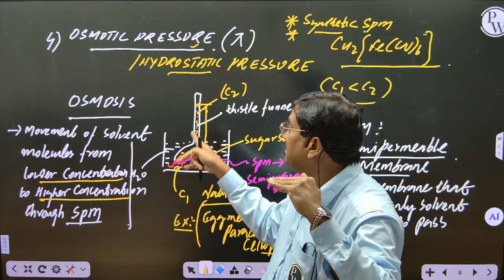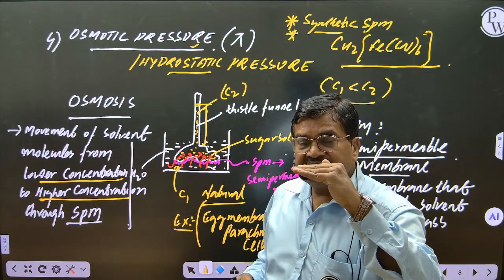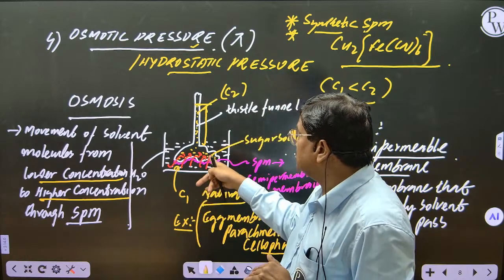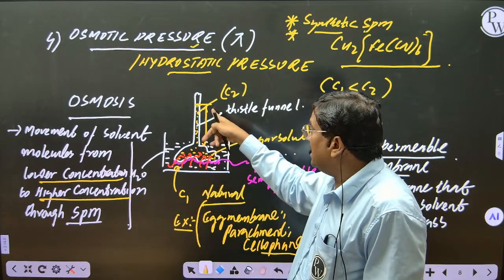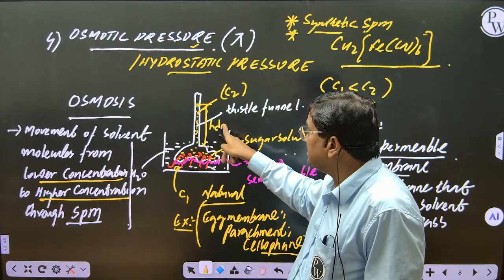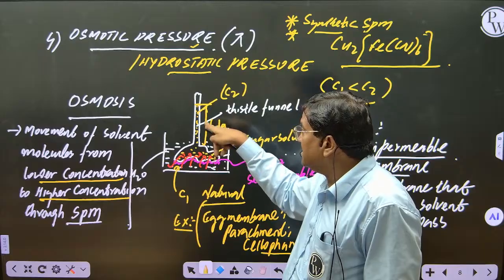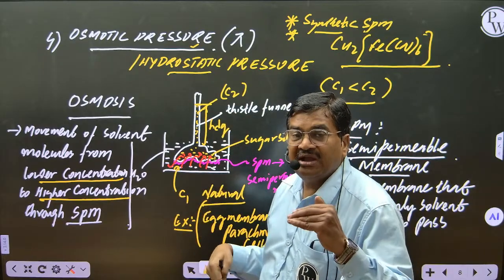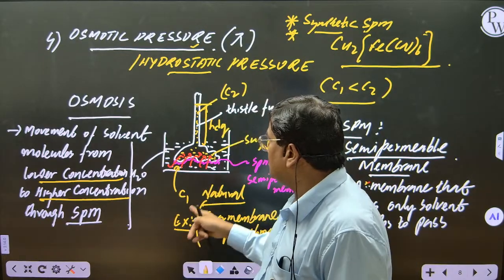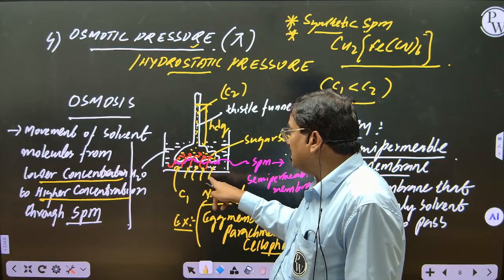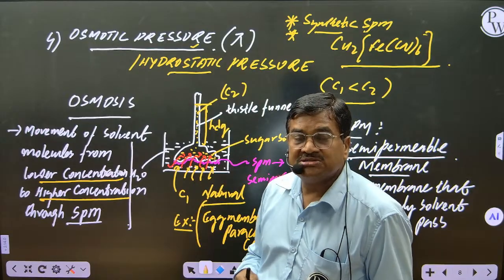That means what we define for osmotic pressure? The external pressure or the pressure exerted on the solution. This pressure is h into d into g, that is height into density into gravitational force. The pressure exerted by the solution to prevent what? Osmosis. Now this is not allowing any further solvent to pass through it, and that pressure we are calling osmotic pressure.